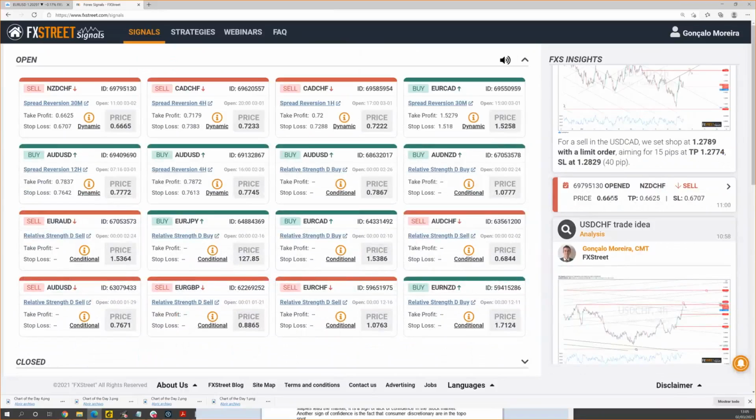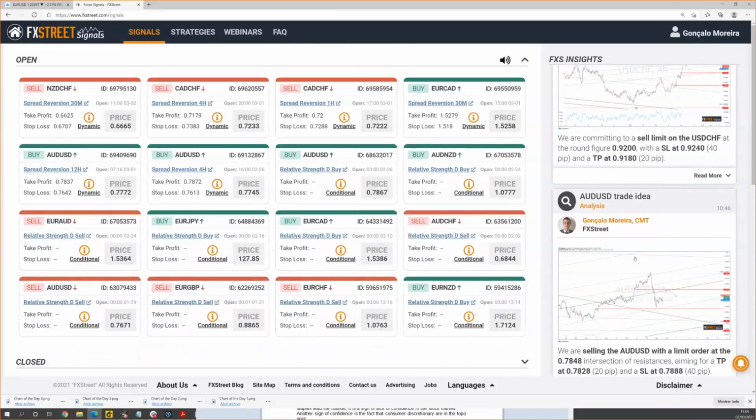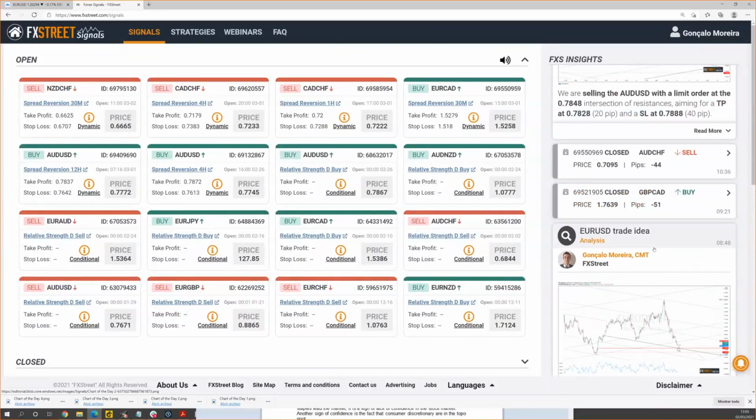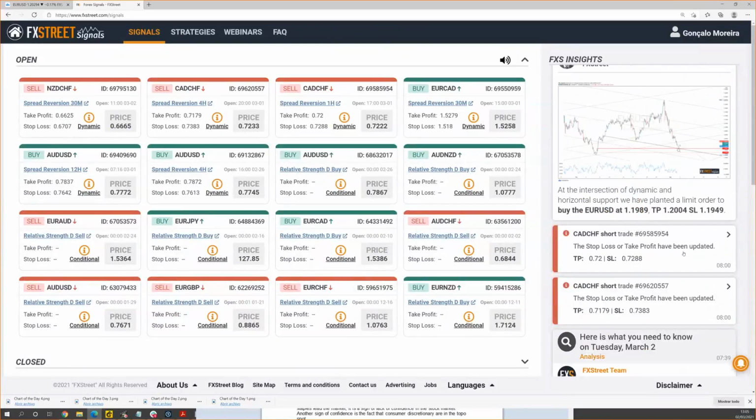Any signal pertaining to a trade appears here on the right as well. Opening signals, closing signals, and also position management when any of the levels, take profit, exit levels change. They are published here on the right side.